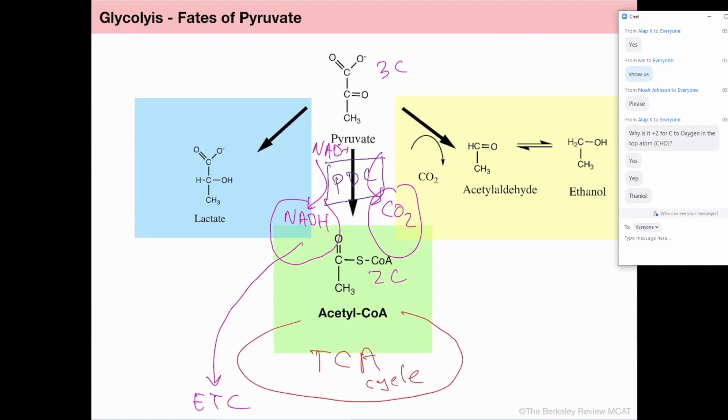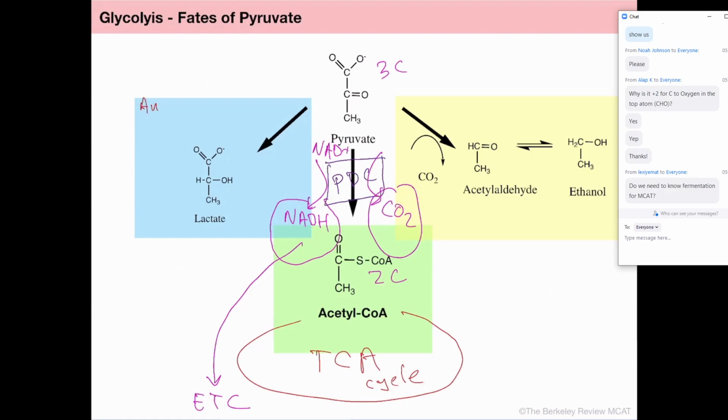And so somehow, if we're going to keep going through glycolysis when we don't have any oxygen, when we're anaerobic, no oxygen, in the presence of no oxygen, we somehow need to gain back our NADs, right? We need to regenerate our NADs, otherwise we're not going to be able to continue to oxidize glucose into pyruvate. Yeah, you need to know fermentation for the MCAT.